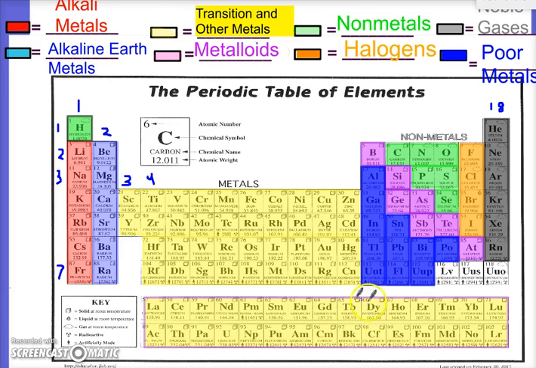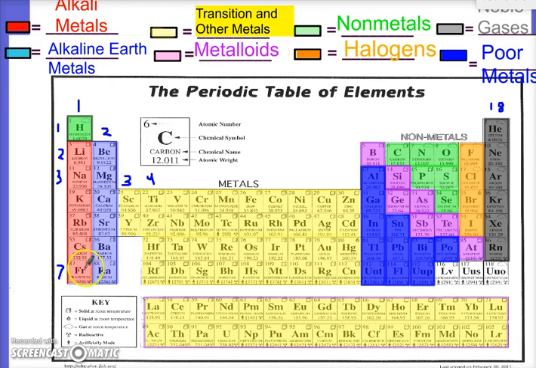Don't worry about numbering these periods down here, because actually, if you look at the atomic numbers, this is a group that should go right in here. Look, this is atomic number 55, 56, 57 is down here, 58, 59, all the way to 71, and then it picks back up right here at atomic number 72.